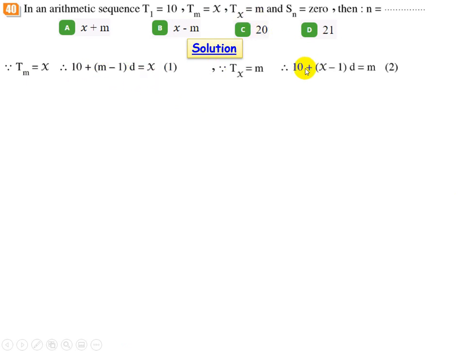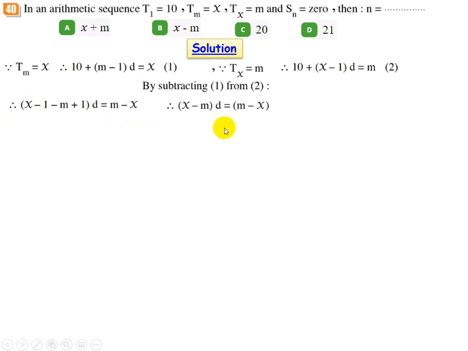Tx, 10 plus (x minus 1)d equals m, number 2. By subtracting 1 from 2, 10 minus 10 cancel, (x minus 1 minus m plus 1)d equals m minus x. So (x minus m)d equals m minus x, which means that d equals negative 1.